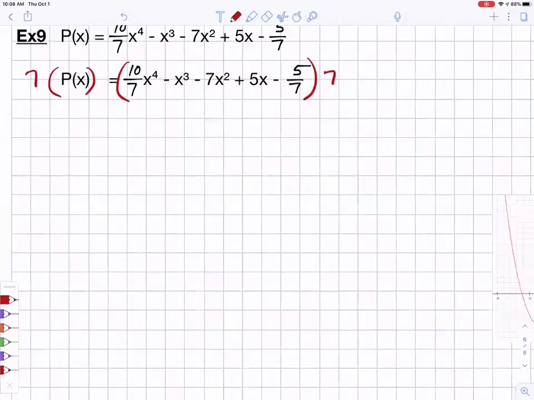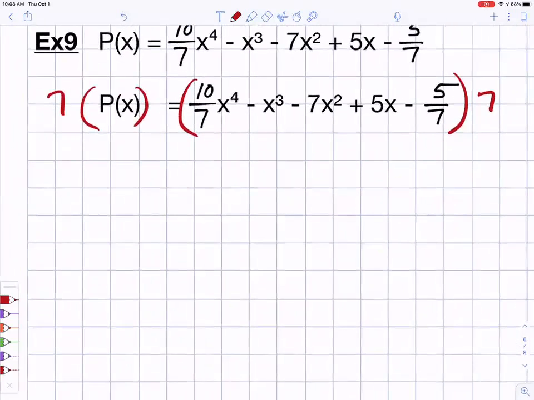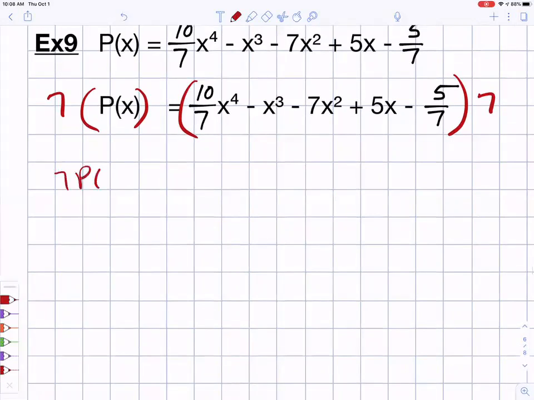All right. Okay. So the first thing that we're going to do, like I told you on the last class, let's multiply on both sides by 7 so we can get rid of our fractions. So that'll be a 7 times p of x is equal to, when I multiply all of those terms by 7, what's the first term? And what's the second term? Somebody else? And then a third person. What's the third term?